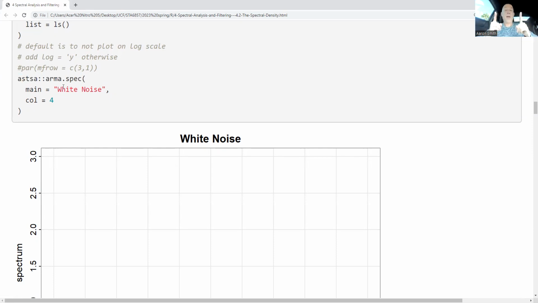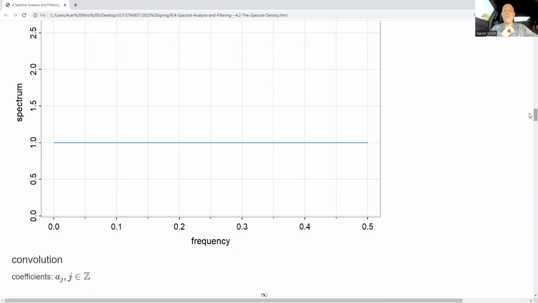You'll notice I don't actually put any parameters in there, so I just leave it alone because it's just a white noise model. The default settings are white noise. So when I look at this, you'll notice I have a constant value right at the variance of our white noise process.